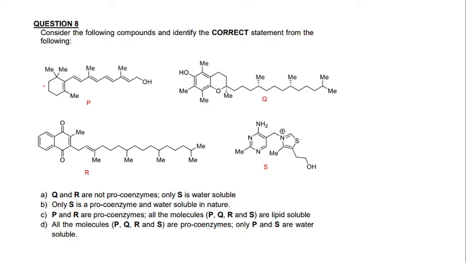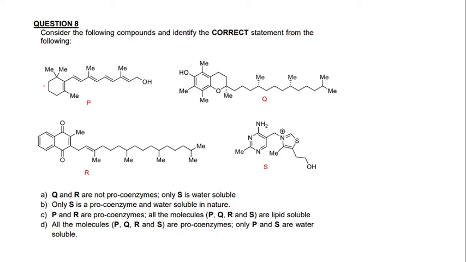The question is: consider the following compounds and identify the correct statement. So these P, Q, R, S are a few organic compounds. Option A says Q and R are not pro coenzymes, only S is water soluble. Option B says only S is a pro coenzyme and water soluble in nature.